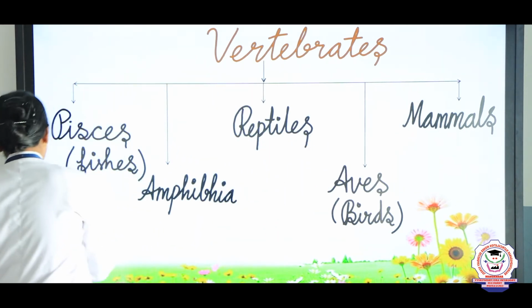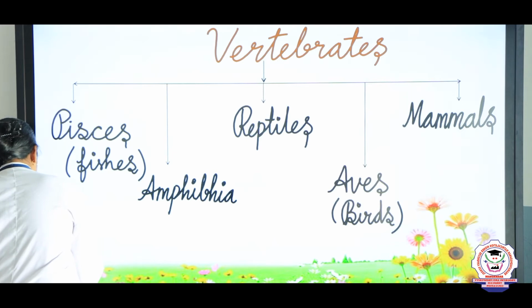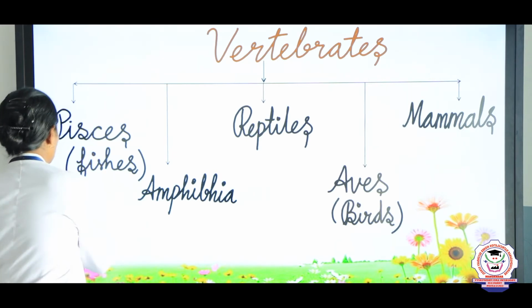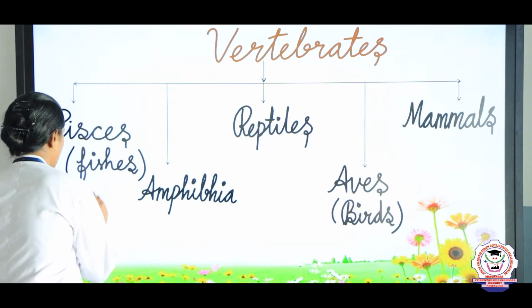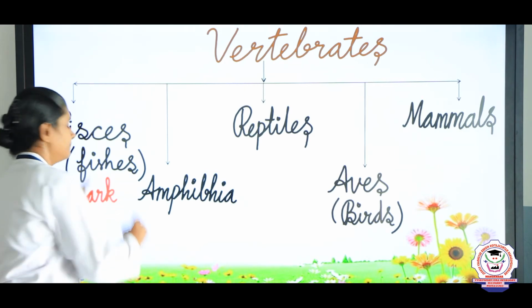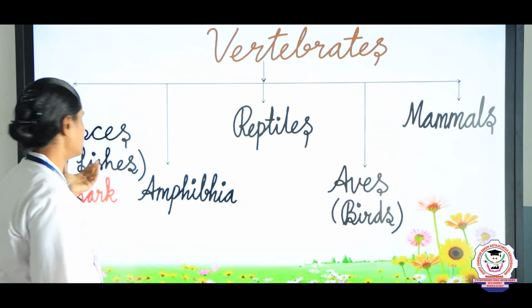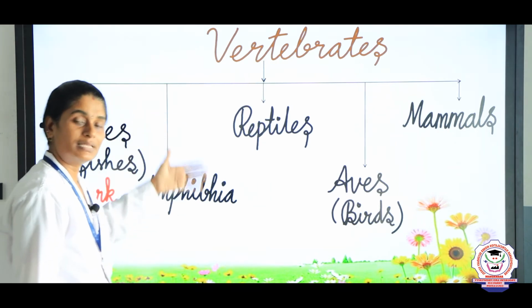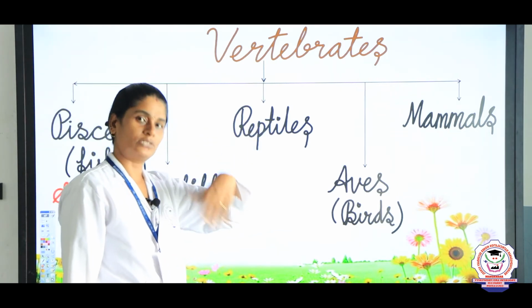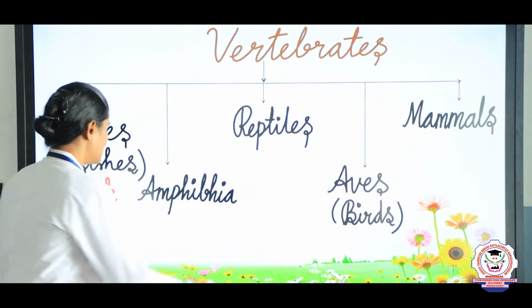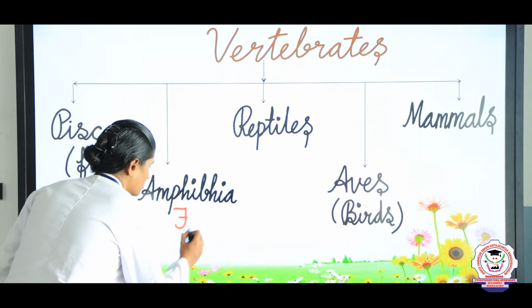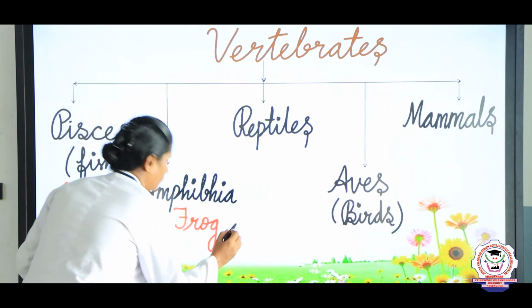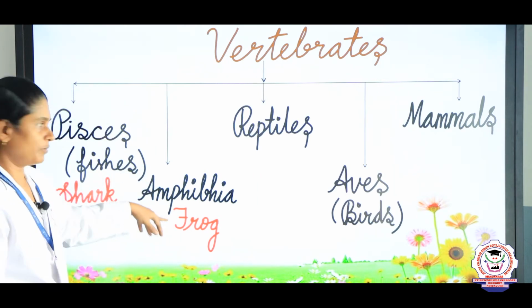Now, let us see one example of these phylums. For Pisces, the example is shark. Shark is an example of Pisces, right. And then Amphibia. Amphibia are the animals that live both on land as well as in water, right. So, the example is frog. Frog is an example of Amphibia.